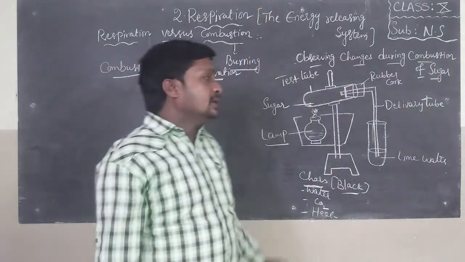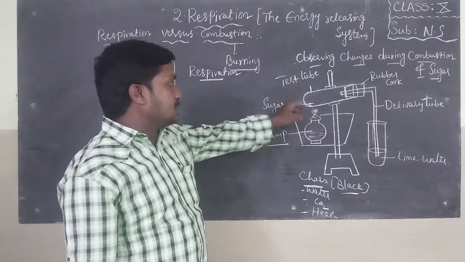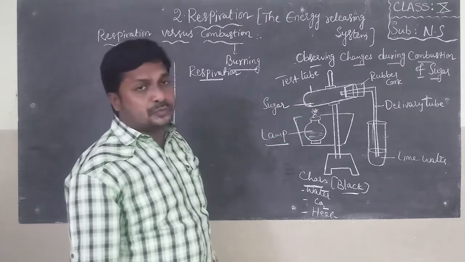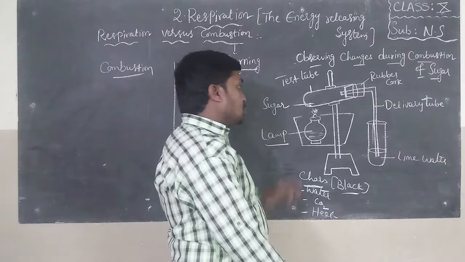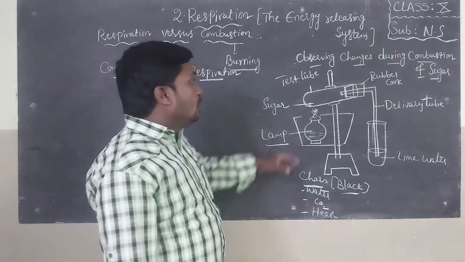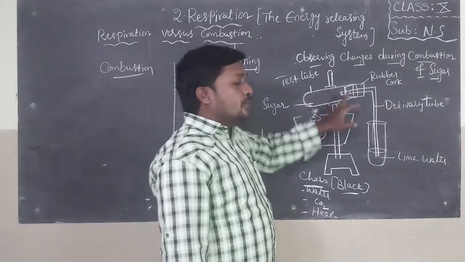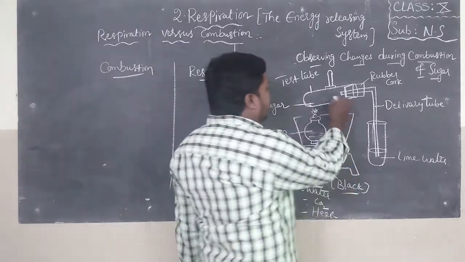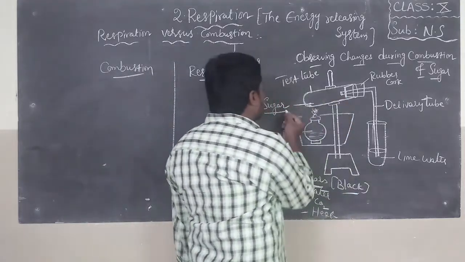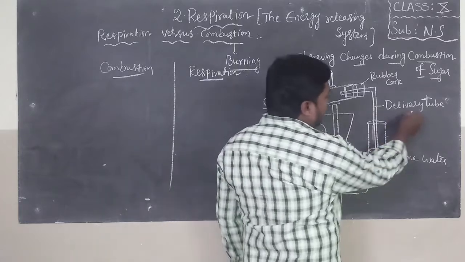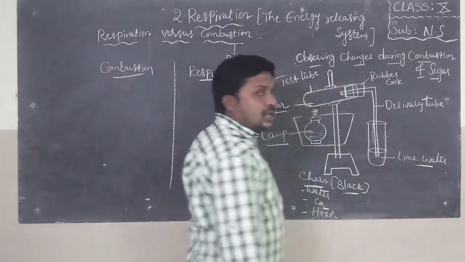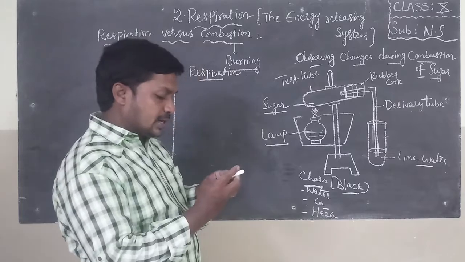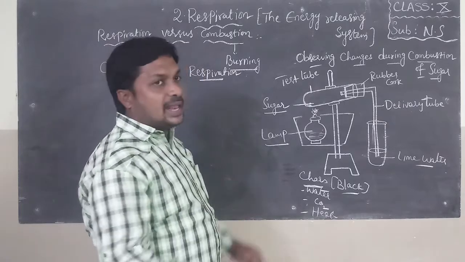Again I repeat. Take some sugar in a test tube. Arrange the test tube with the help of a stand as shown in the figure. Close the test tube with a one-hole rubber cork. Keep one end of the delivery tube in the test tube containing sugar and the other end in the test tube containing lime water. Now heat the test tube with the spirit lamp.